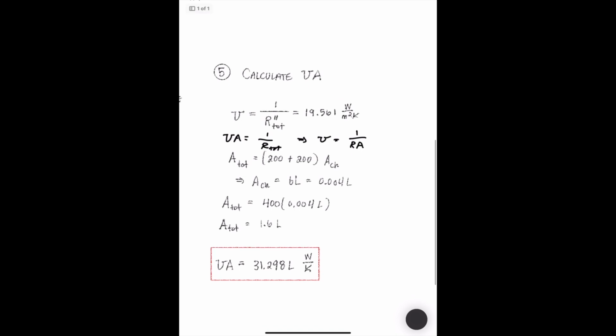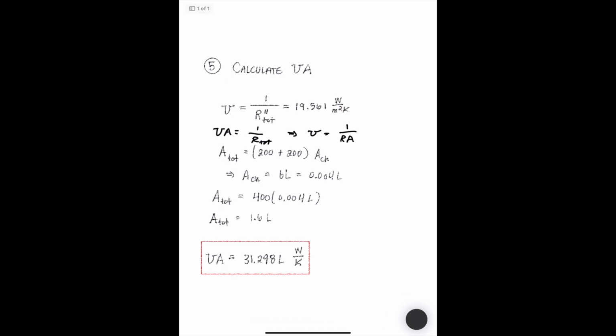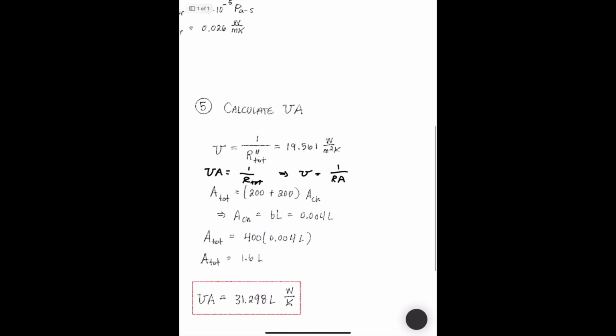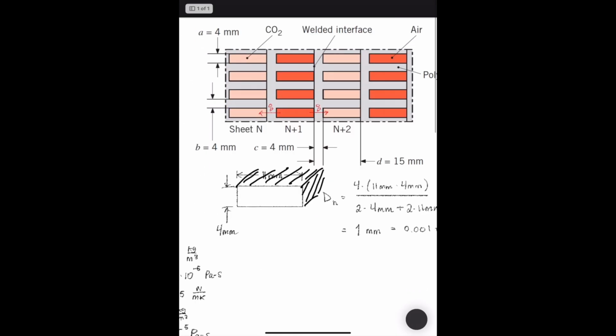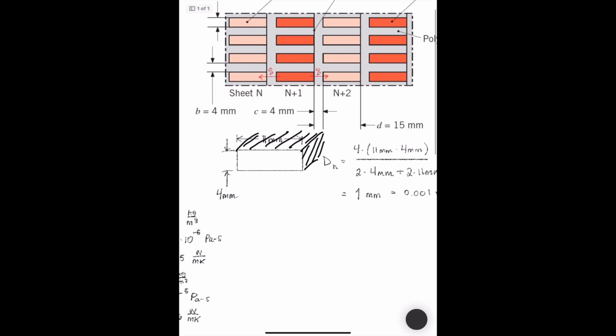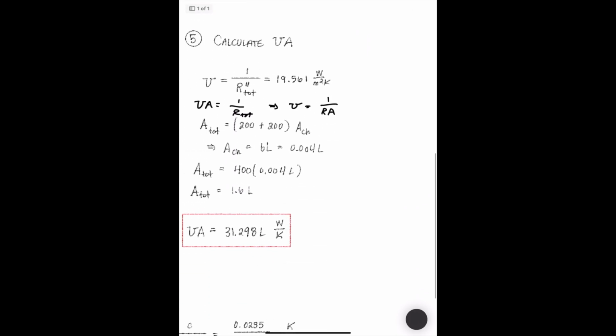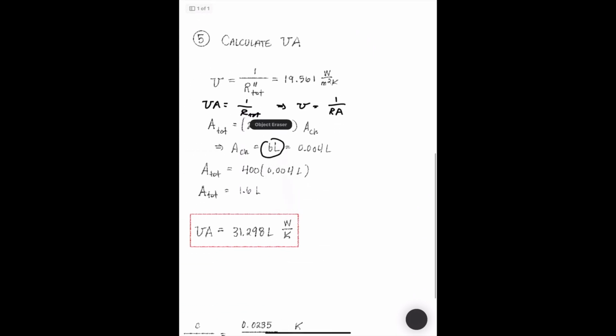In order to get our solution into as few terms as possible, we can try and solve for our channel area in terms of L. Since we know that our channel area, or our heat flux, is going in between these channels and not up, since these are the same fluid, our channel area is just going to be B times L, as is shown there.